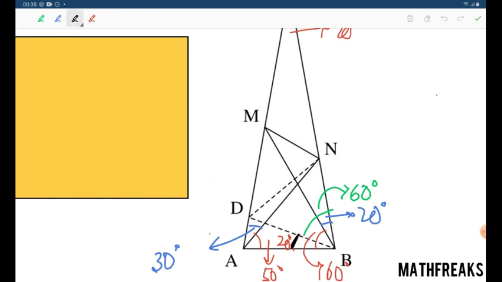Now this angle is 20 degree, this is 80 degree, this is also 80 degree. This implies that these two sides are equal in length. This is the isosceles triangle.